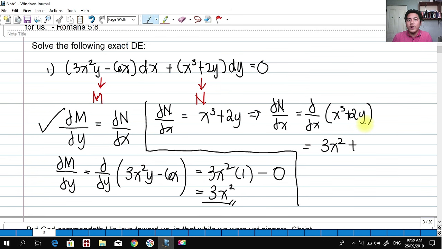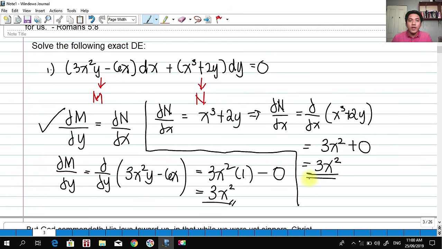And any other variable again, except for x, is considered as constant. So, the derivative of this, 2 times y, where y is also a constant because we're differentiating with respect to x, that is equivalent to 0 because the derivative of a constant is 0. So what will happen? We have 3x squared also.